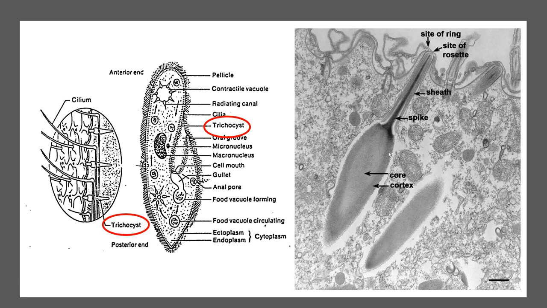What happens is if it gets touched or threatened in some way where it is going to end up being killed or food for something else, they have the ability to shoot these things out, and they contain a toxin that causes either the food or the predator to become either dead or paralyzed, depending on what it is.